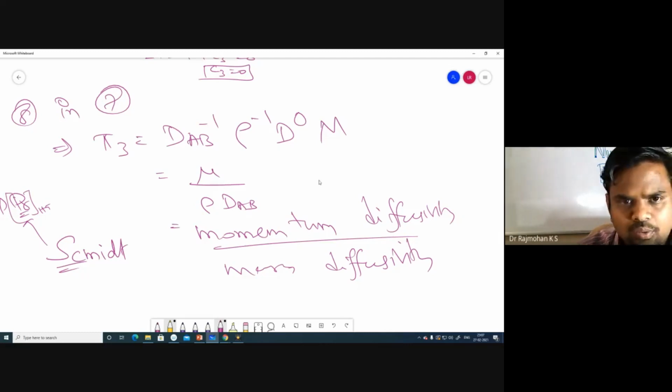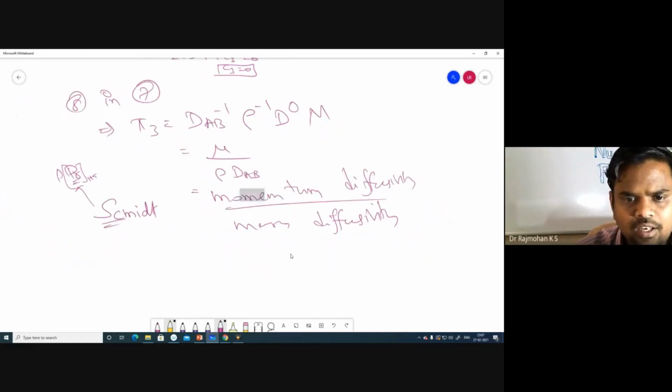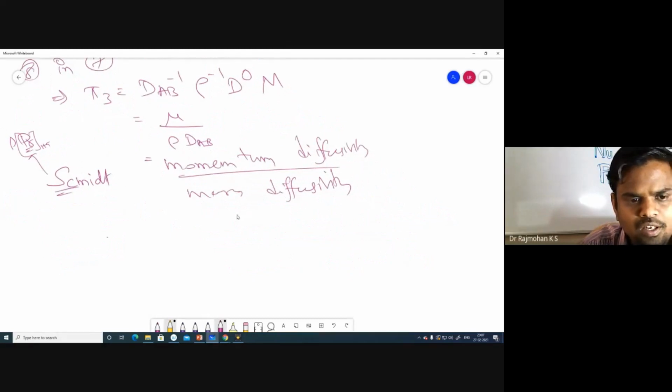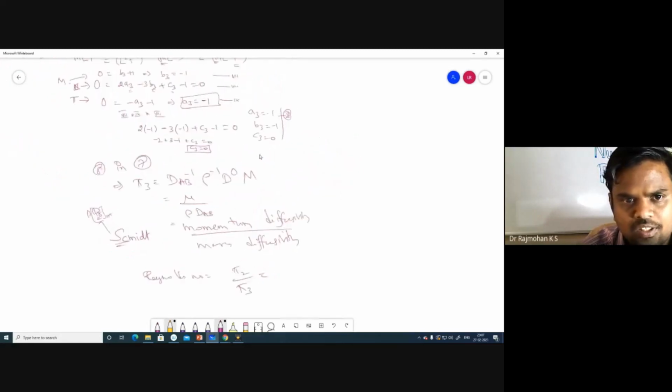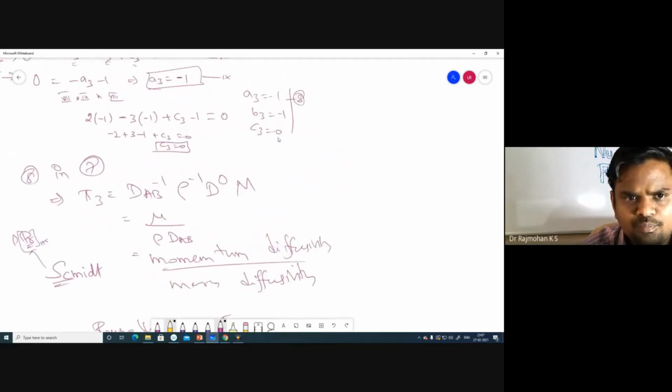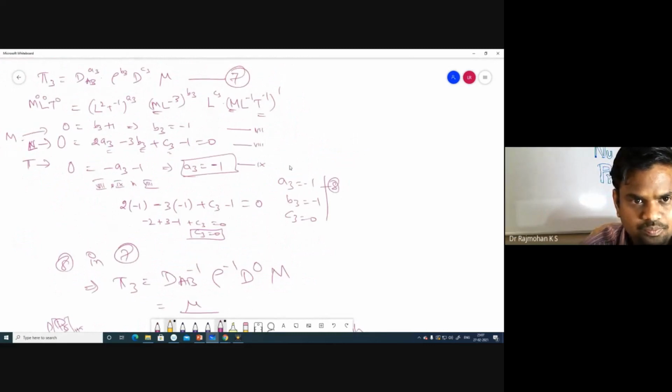But the pi 2 group is something we got, and we can obtain the required group of Reynolds number, which is what we want. Because we did not get the Reynolds number directly, right? We have to do something with the other pi groups to attain the required pi group.